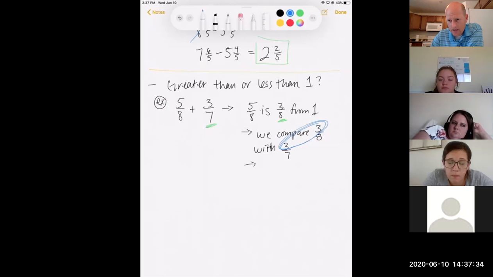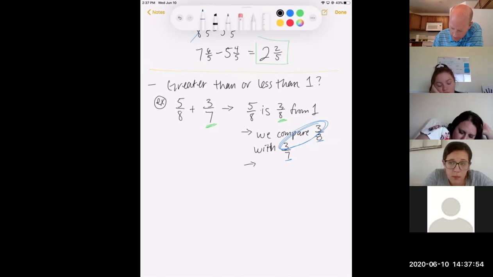Right. So this is a comparison of common numerators like we had last time. If there's the same amount of each of those pieces, we need to look at the size of those pieces. And 7ths are bigger than 8ths because my whole is divided into fewer pieces.